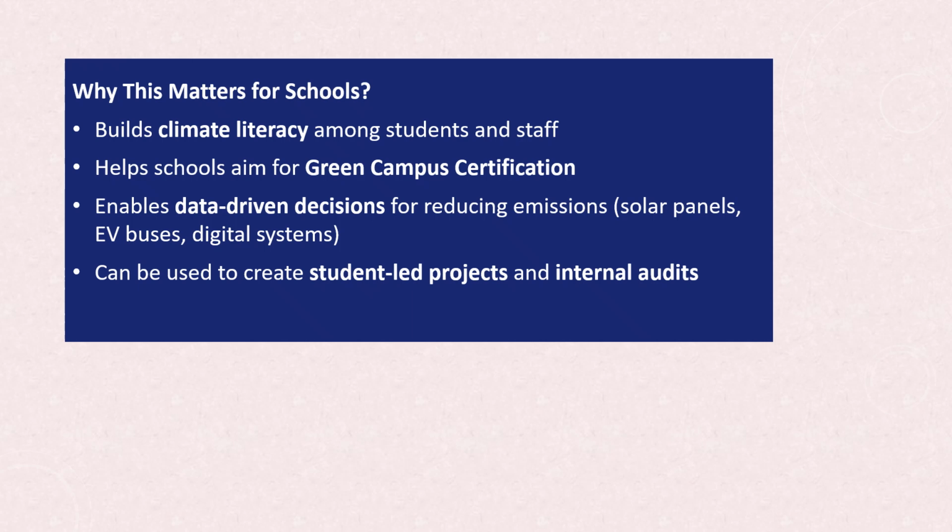It enables data-driven decisions for reducing emissions. Based on data, decisions are made on why solar panels, e-buses, and digital systems need to be implemented. It can also be used to create student-led projects and internal audits.